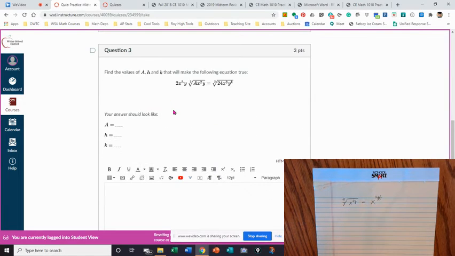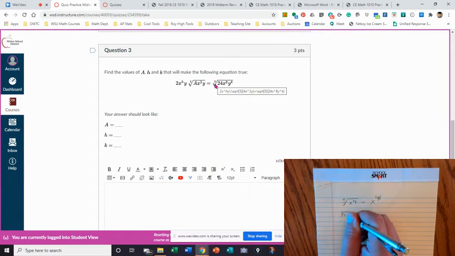Find the values a, h, and k that will make this statement true. Whoa. Okay, so I've got the cubed root of 24 x to the 8th y to the power of k. Now 24, this is a cubed root. 24 is the same as 2 times 12, which is the same as 2 times 6, which is the same as 2 times 3.